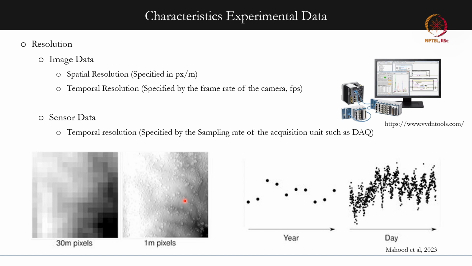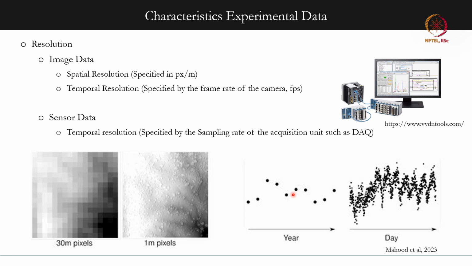The same concept applies even in the time domain. So here we have data that is sampled on a yearly basis, and here we have data that is sampled on a daily basis. We can see that there are fluctuations on a daily basis, but these fluctuations won't be reflected when the yearly sampled data is plotted.